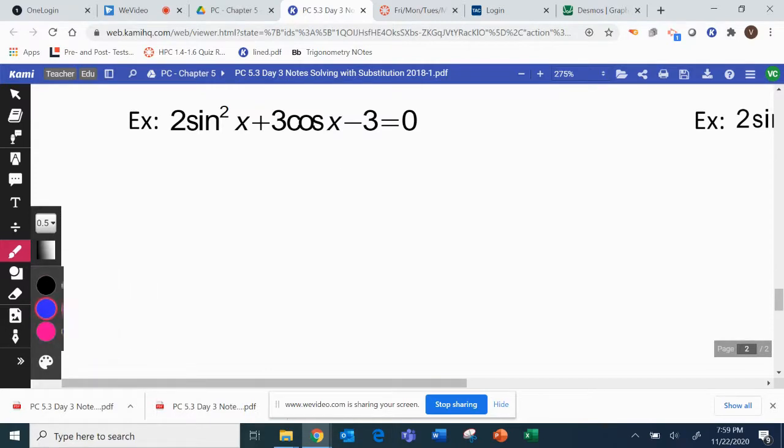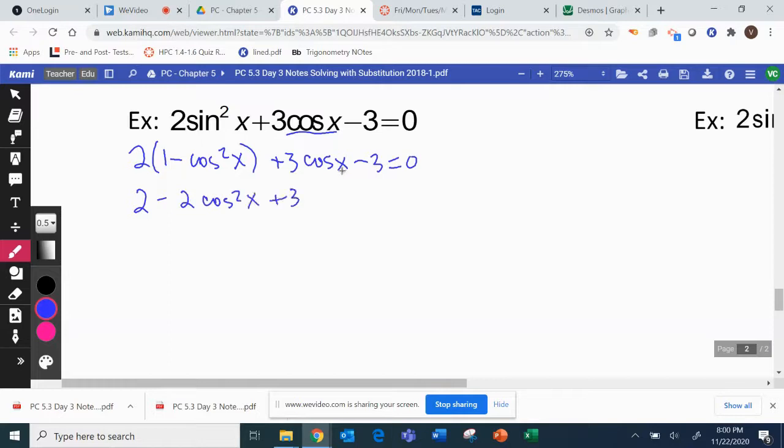All right, for this one, because cosine x is not squared, I'm going to change the sine into cosine. Let's see.